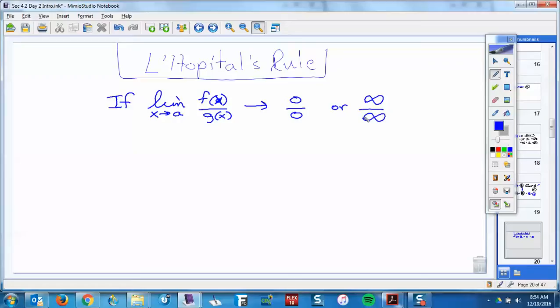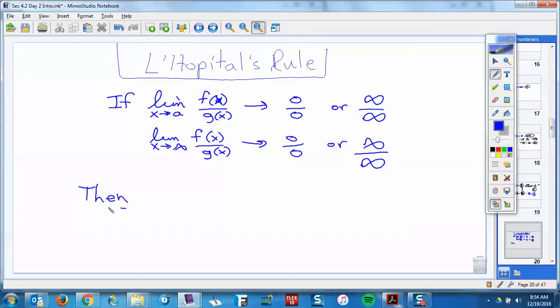Now, when we say infinity over infinity, it could be plus or minus, doesn't matter. Okay? And also, if the limit as x approaches infinity, and again, that could be plus or minus, of f of x over g of x, goes towards 0 over 0 or infinity over infinity.